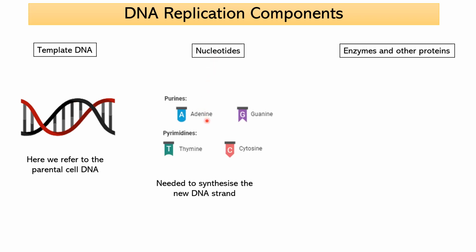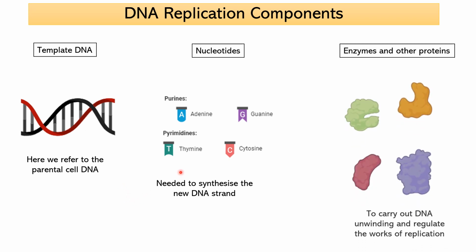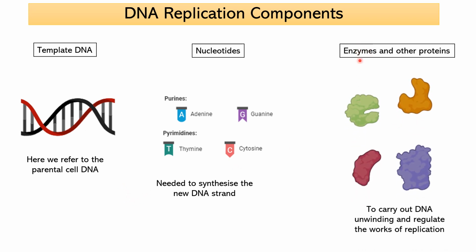Then we need nucleotides, which are important for synthesizing the new strands that are going to be copied into the daughter cells. And then proteins and enzymes are involved in unwinding this double helix structure, and also in carrying out the addition of nucleotides and synthesizing the new strand.